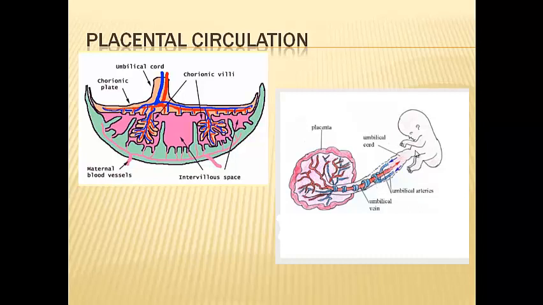The reason for that is that we need the blood to flow under high pressure from the fetus back to the placenta so that the carbon dioxide can diffuse into the maternal blood. So the two umbilical arteries are carrying deoxygenated blood, and the umbilical vein is carrying oxygenated blood back to the fetus.